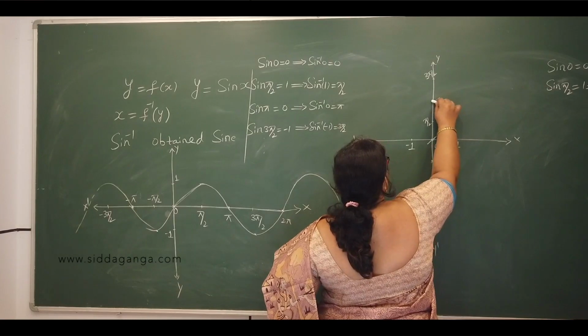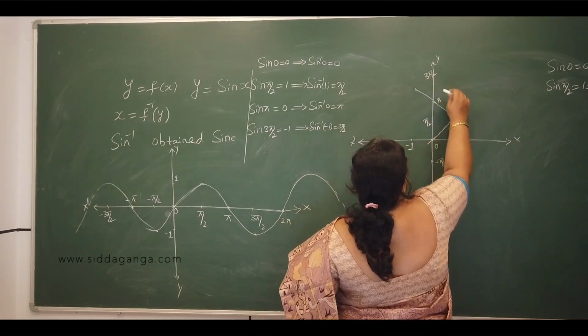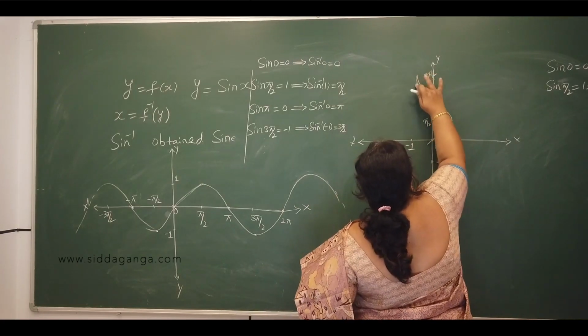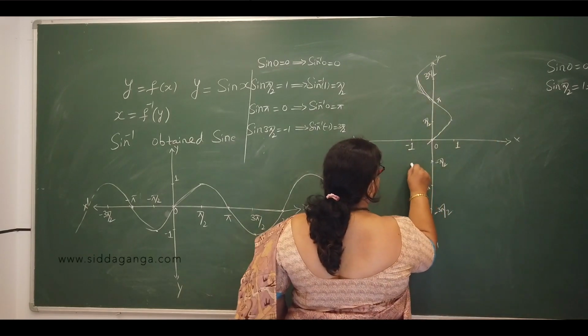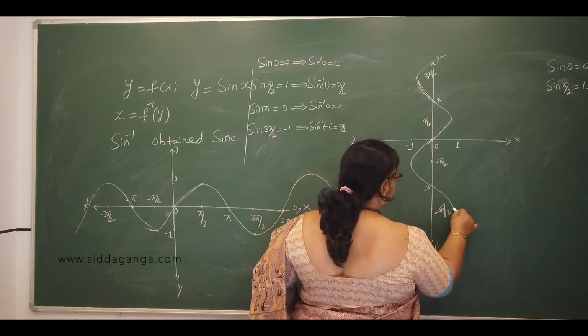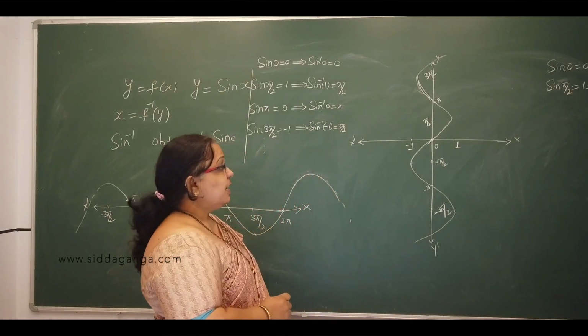Here 0, next minus 1, again it goes like this. So this is the graph of the sine inverse function.